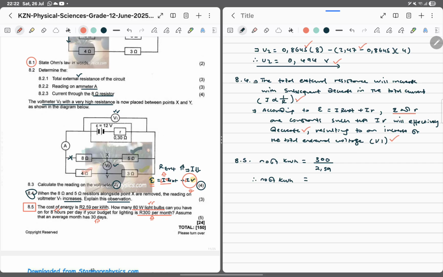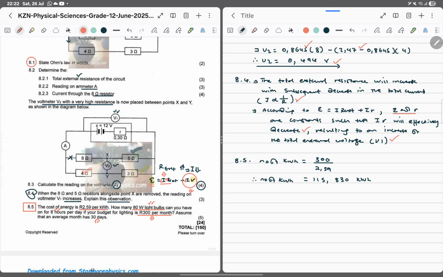So this is 300 divided by 2.59, so we get 115,830 kilowatt hours. Right? So that's what we're going to have. That's how many we can purchase.